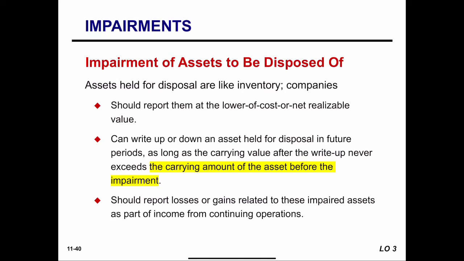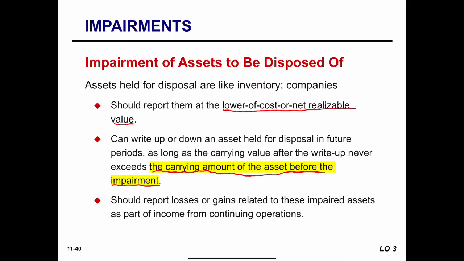As we learned from the flowchart, assets held for disposal are treated as inventory. We should report the assets at the lower of cost or net realizable value. Net realizable value is the fair value of disposal minus the cost of disposal. And these assets can be written down or up.